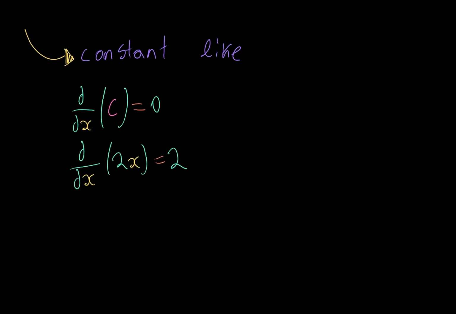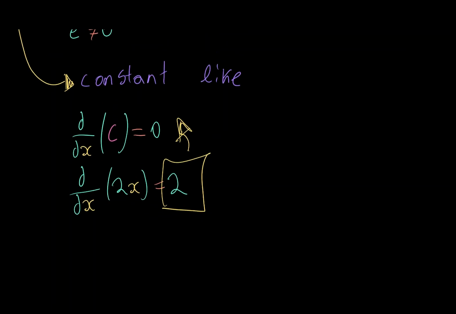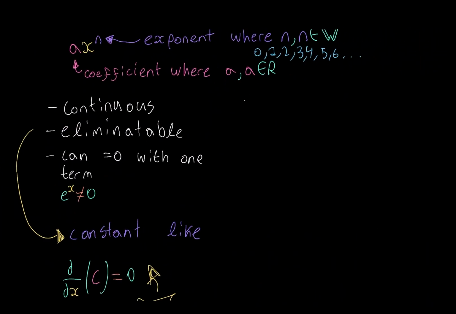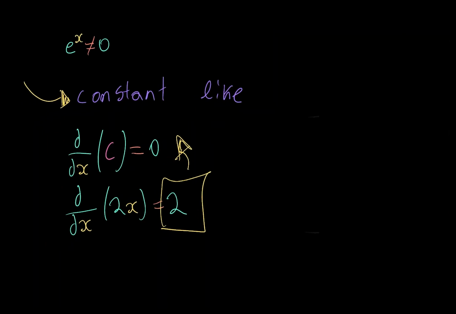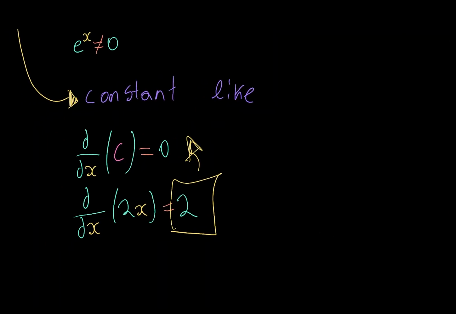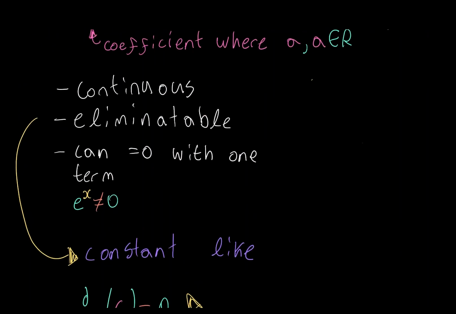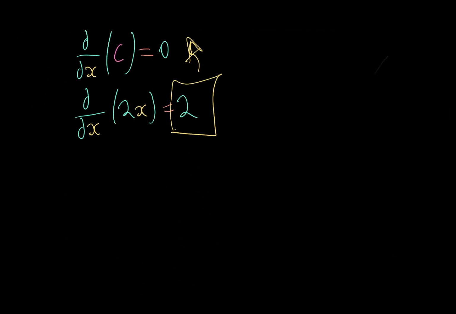And if we took the derivative again, you just notice that it's a constant here, and it would go to 0. So we just eliminated this term if we took two derivatives of it. So this comes back to the idea that they're eliminable and they're constant-like, where if you have a constant, the next derivative, it'll just disappear. And this is for any polynomial as long as you respect polynomial rules.